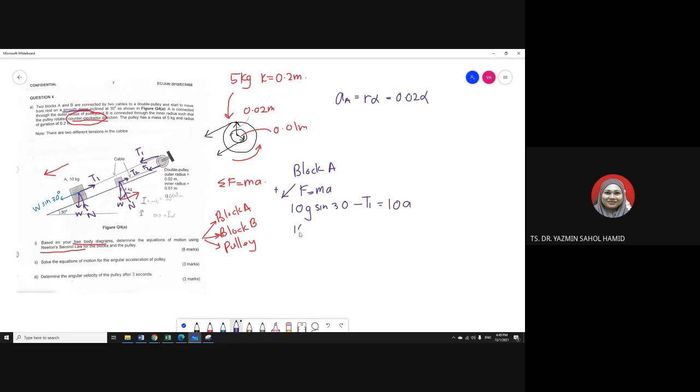So again, it will be 10 g sine theta minus T1 equals to 10 times 0.02 alpha. So very easy. Okay, so that is your equation.